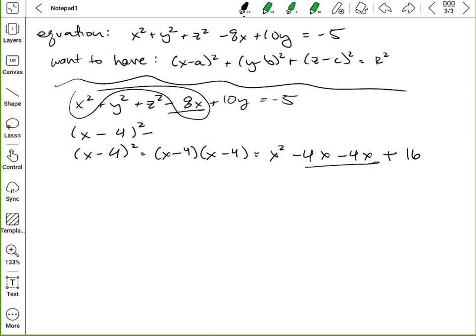And so what I would have to do is just take away that extra afterwards. So if I did x minus 4 squared and got this extra 16, I can just right away take it away again. And so then I would be left with x squared minus 8x, which is exactly what I had up top.